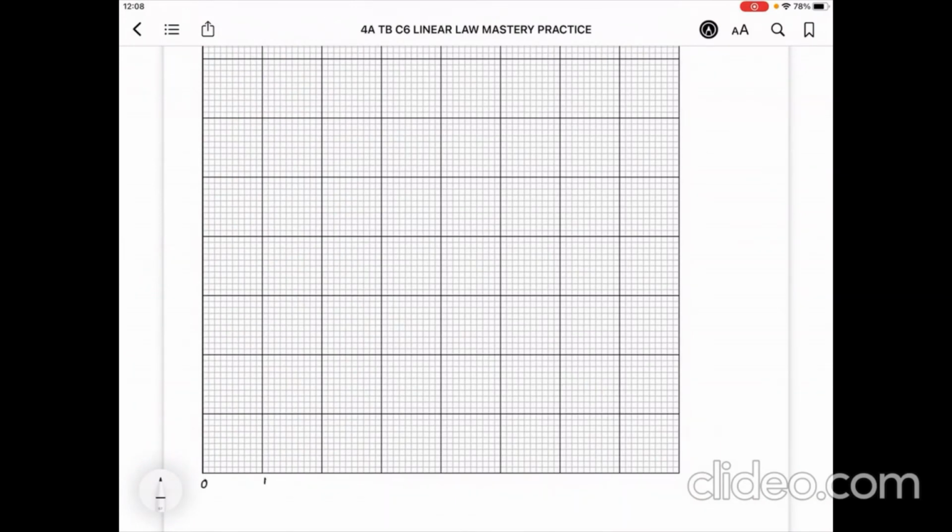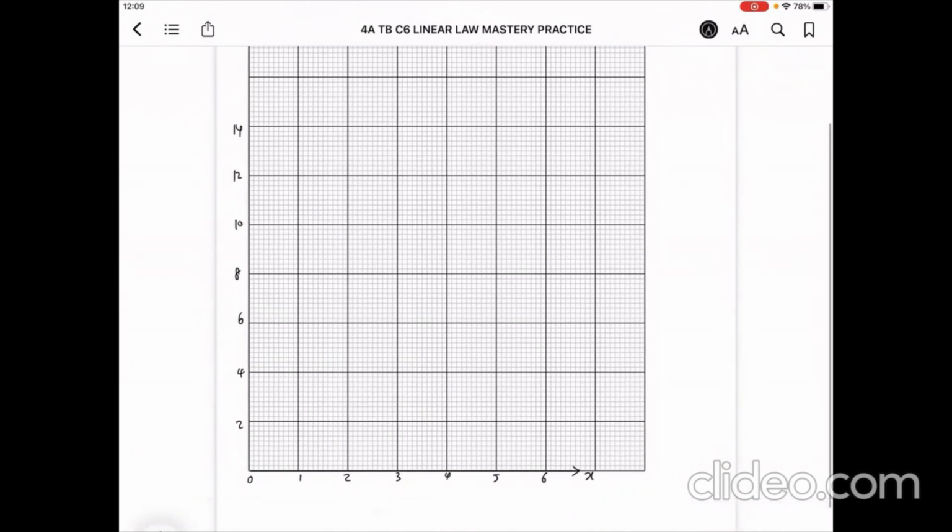0, 1, 2, 3, 4, 5, 6, and this is my horizontal axis, x. This is 2, 4, 6, 8, 10, 12, 14, all the way up until 16. This is my xy axis.